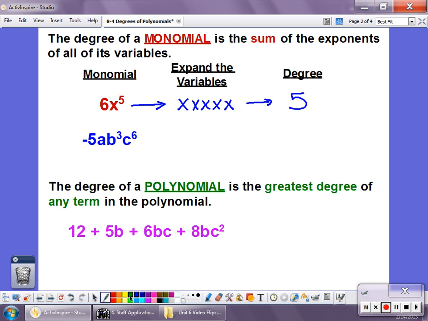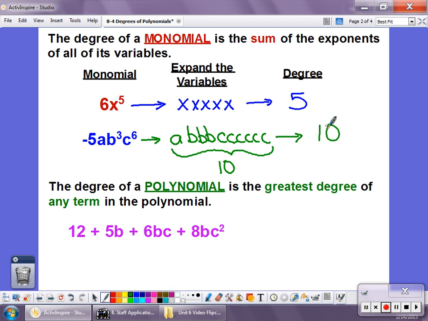If you look at the second monomial I have here, this has 1 a, it has 3 b's, and it has 6 c's. If I count all those up, this is a total of 10 variables. That means my degree is 10 because the degree is the sum of the total number of variables that you have.